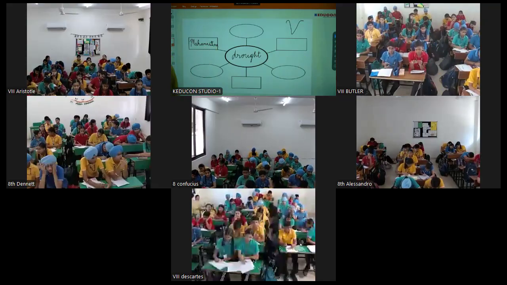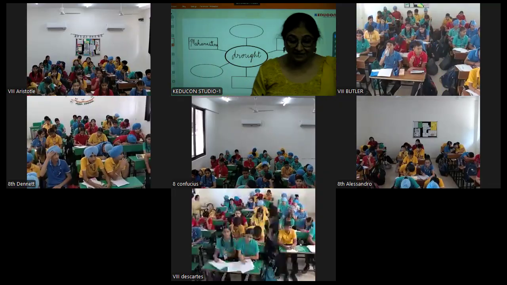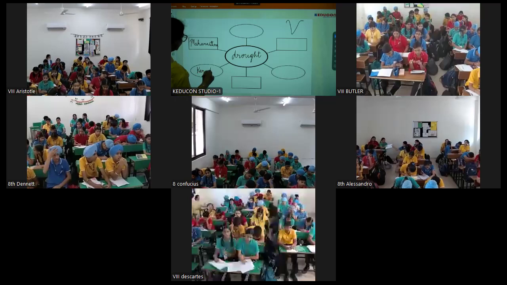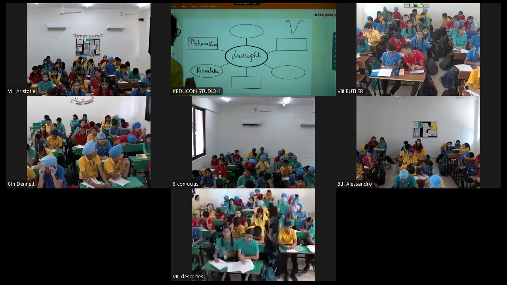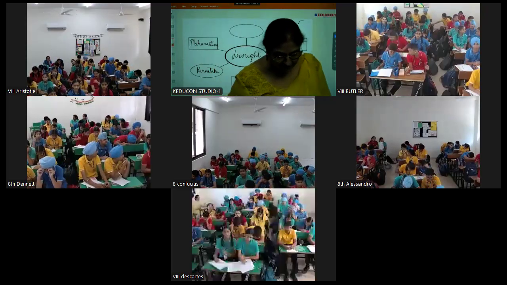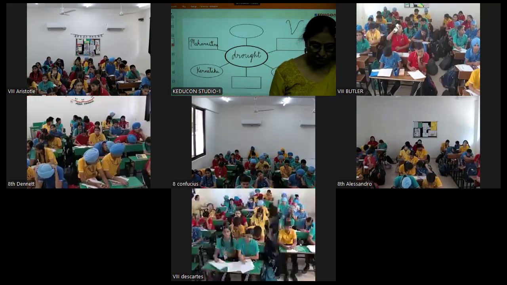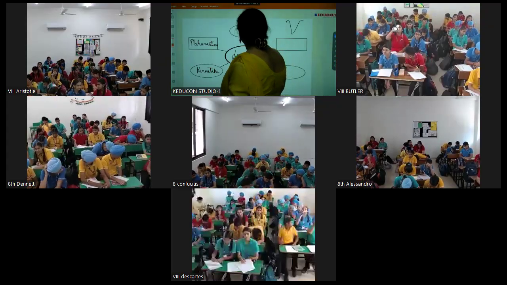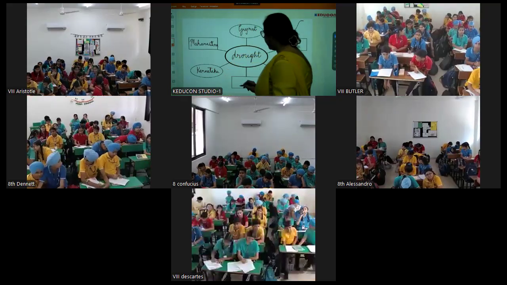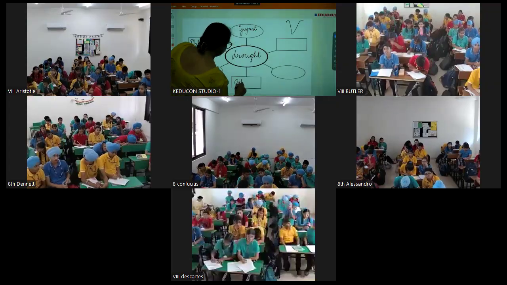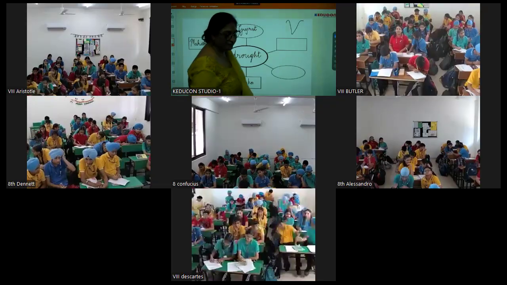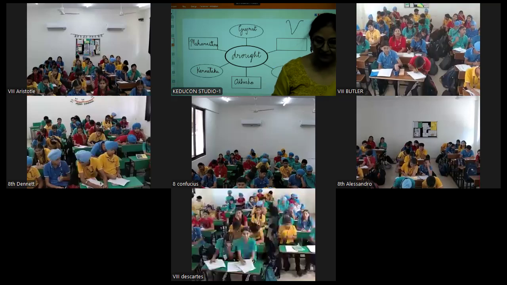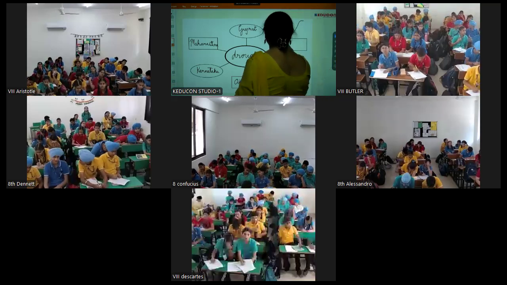Which other places in India? Karnataka. Then which other areas do we have for drought? Gujarat, Odisha. Telangana, Rajasthan.